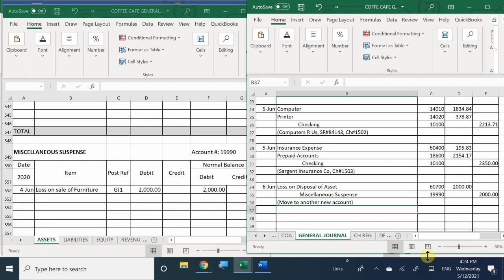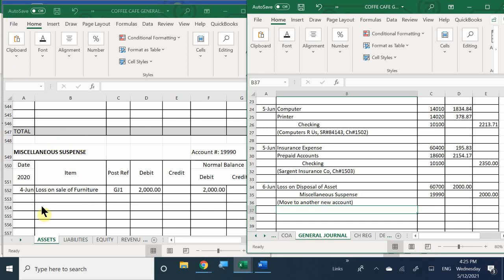So now that my journal has been completed, let's go ahead and move from my miscellaneous to my new account. Since we're already on the miscellaneous account, let's go ahead and physically take it out and remove it.